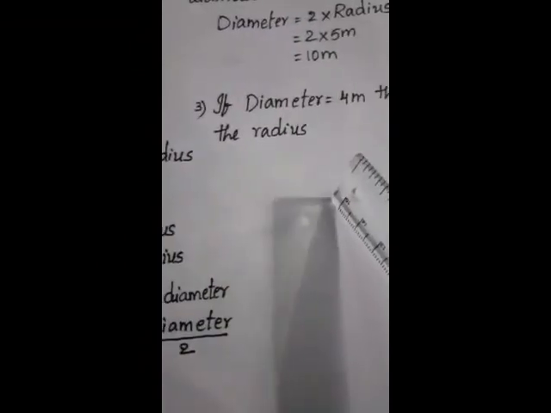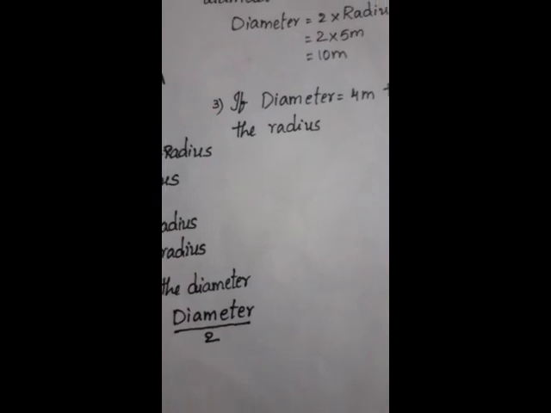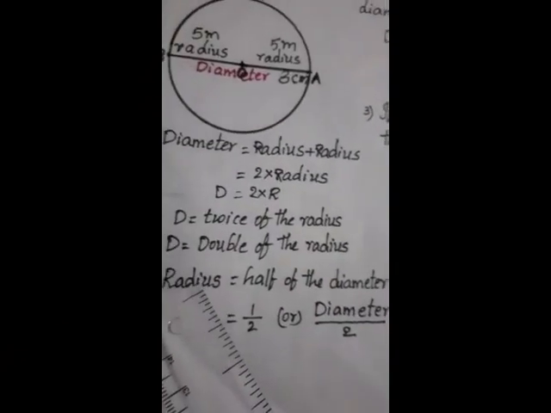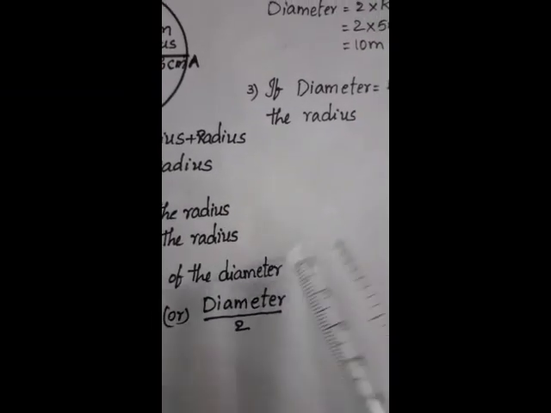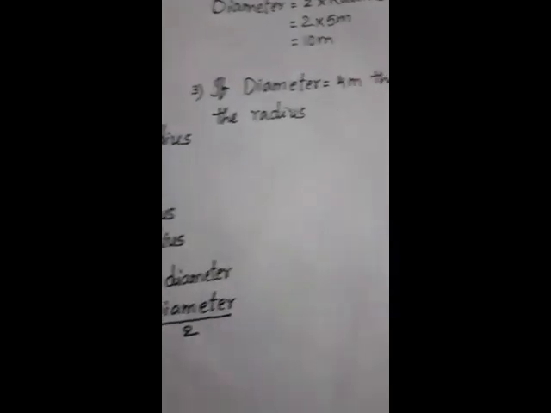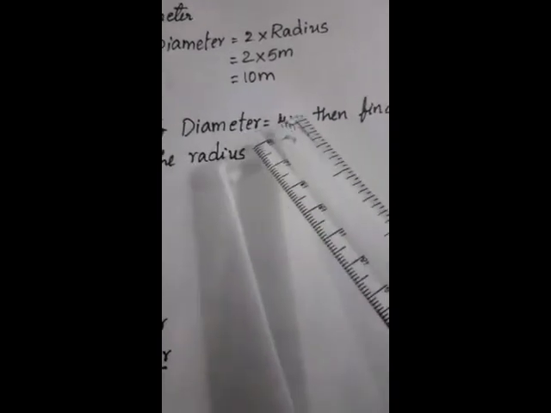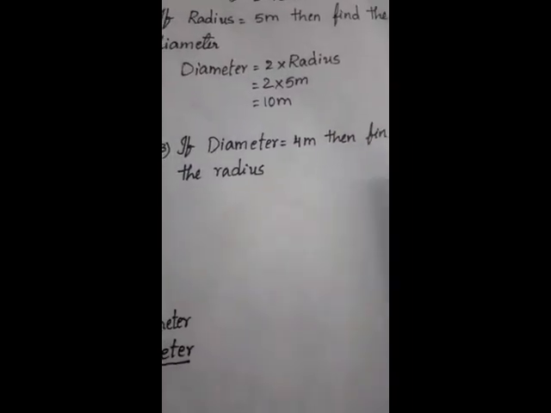But what are they asking you to find? Radius. So which formula should you apply? The radius formula. Radius is equal to half of the diameter, or diameter by 2. Here how much diameter is given? 4 meters. Half means how much? Yes, very good, 2 meters.